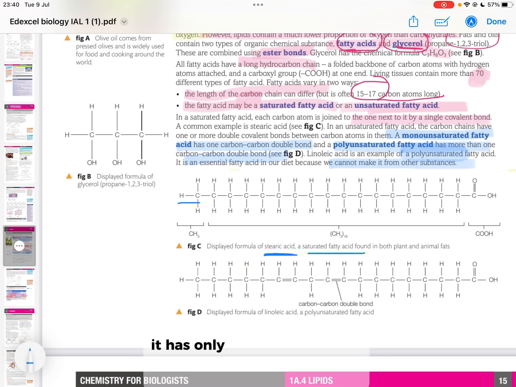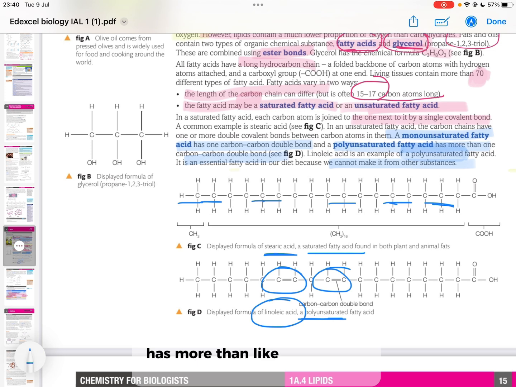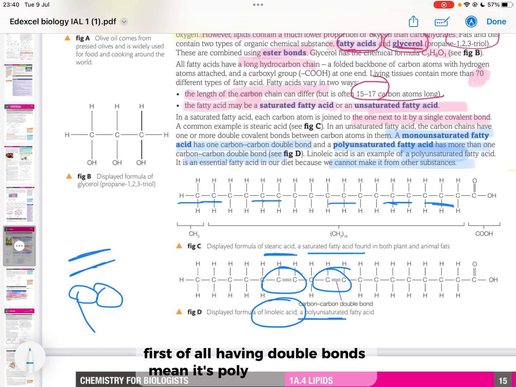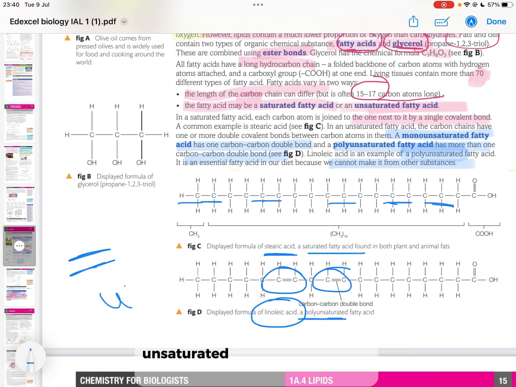It has only single bonds between the carbon atoms. However, here is linoleic acid, which is polyunsaturated and has more than one double bond. So it has two double bonds. First of all, having double bonds means it's unsaturated.